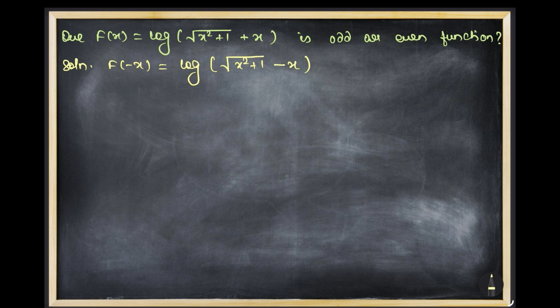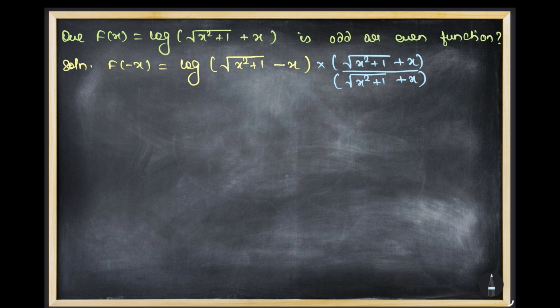Now, if you observe, it is completely different from the argument of the question. So if you don't mind, for the time being, can I do rationalization of the argument? So root over x square plus 1 plus x upon root over x square plus 1 plus x.